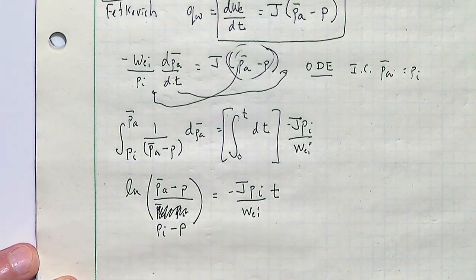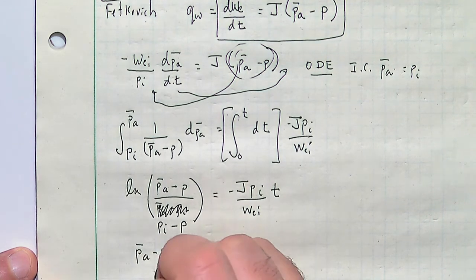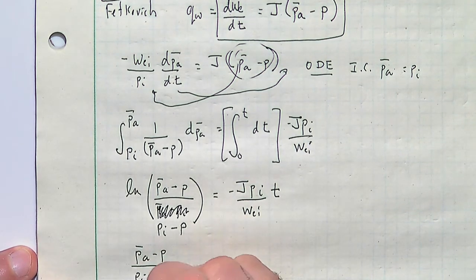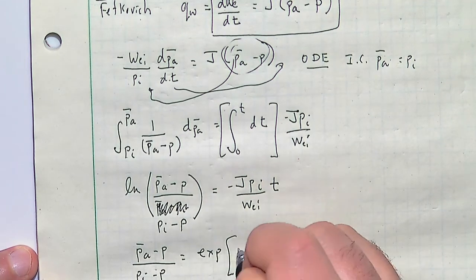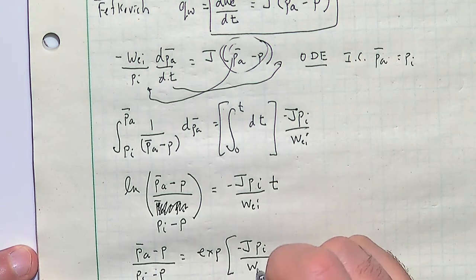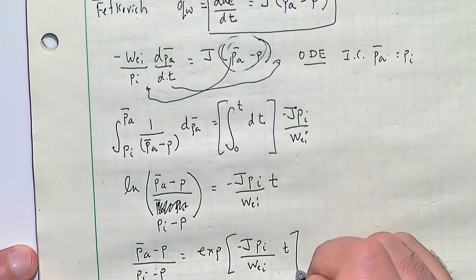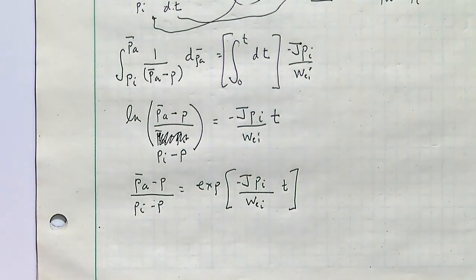So e to the ln gets rid of that ln, so you have (PA bar minus P) over (PI minus P) is the exponential of minus J PI over WEI times t. Okay, and then I'll solve for PA bar.